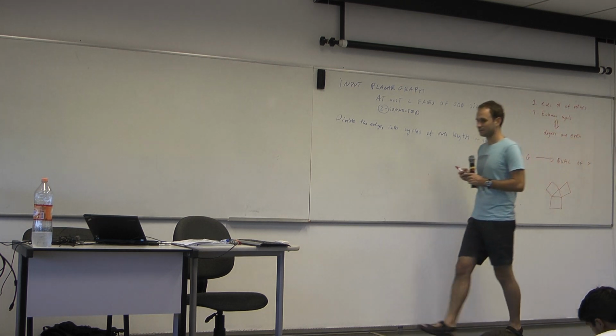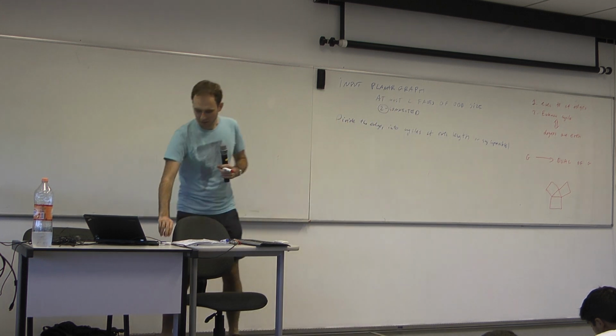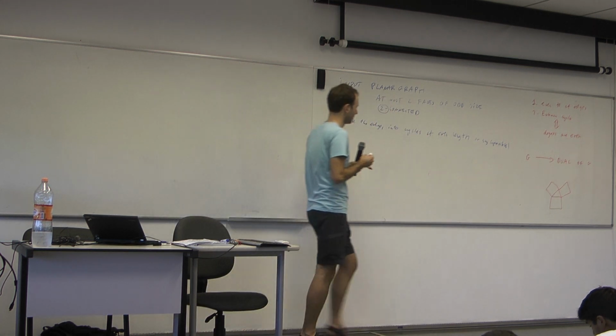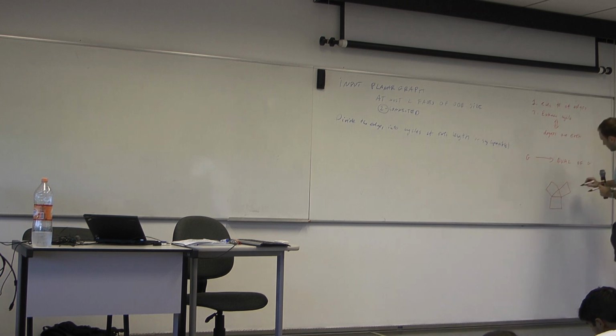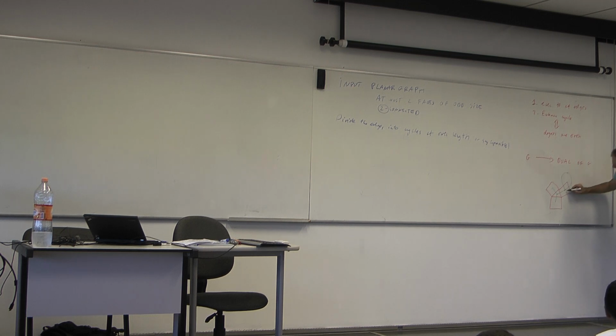This is a graph with 2 odd faces, but it still has a solution. I mean, you can take those 3 squares. This is the dual graph.